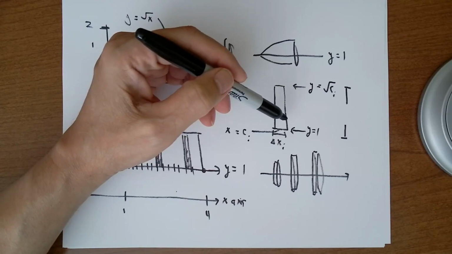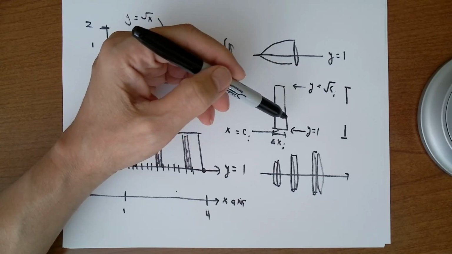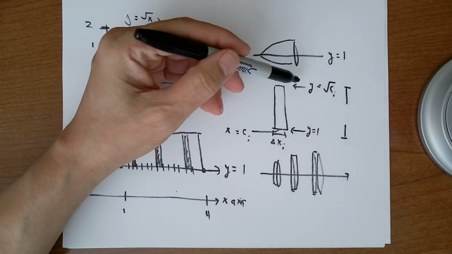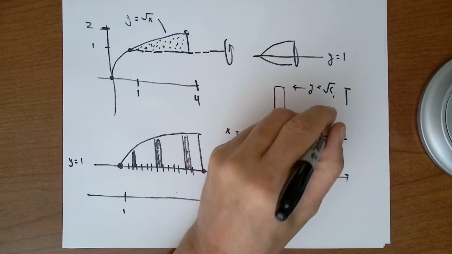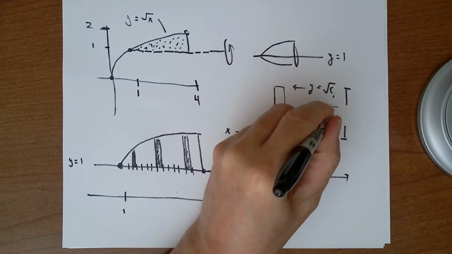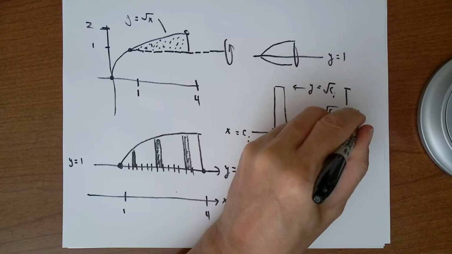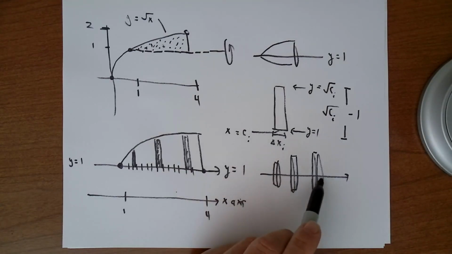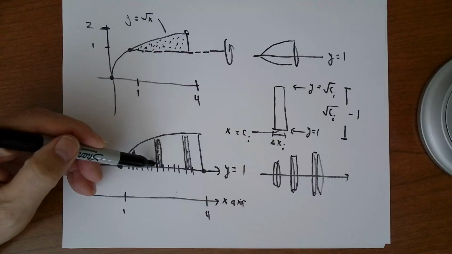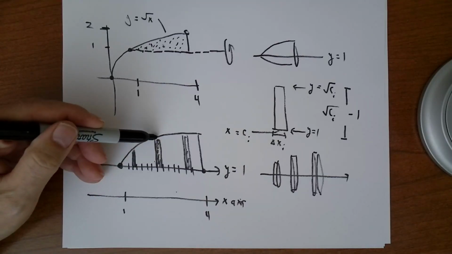Vertical heights are the upper y coordinate minus the lower y coordinate. This is going to represent the radius of these sorts of disks. They're the vertical height from the square root function, not down to the x-axis, but only down to the axis of rotation.